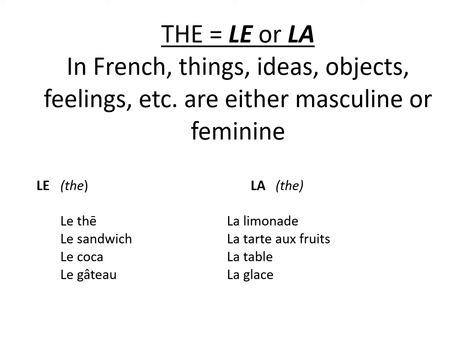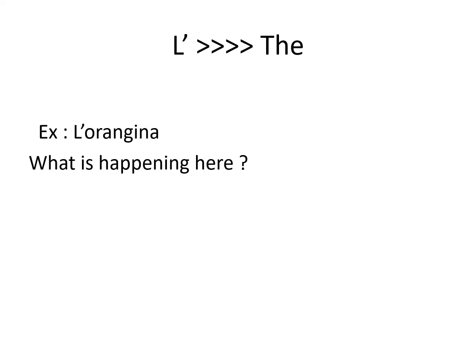So, to recap this slide, le or la both mean the. Okay? Le is male and la is female. Okay, I've got an example here with l'orangina. L'orangina. So what's happening here? Now, I can tell you that L apostrophe means the as well.